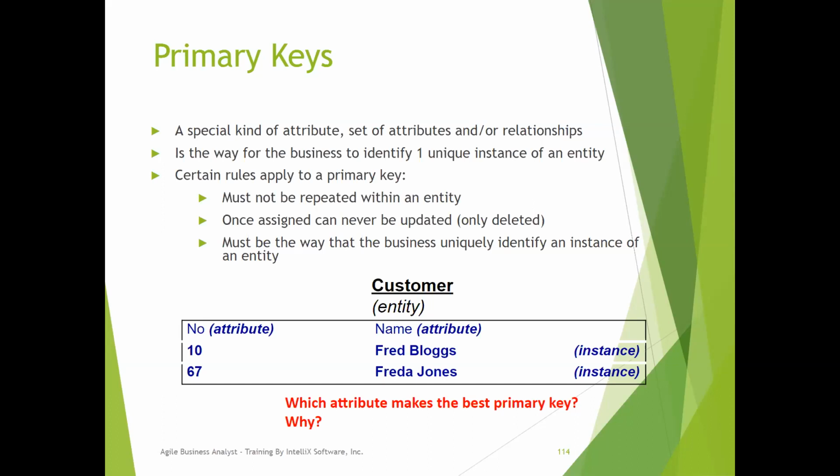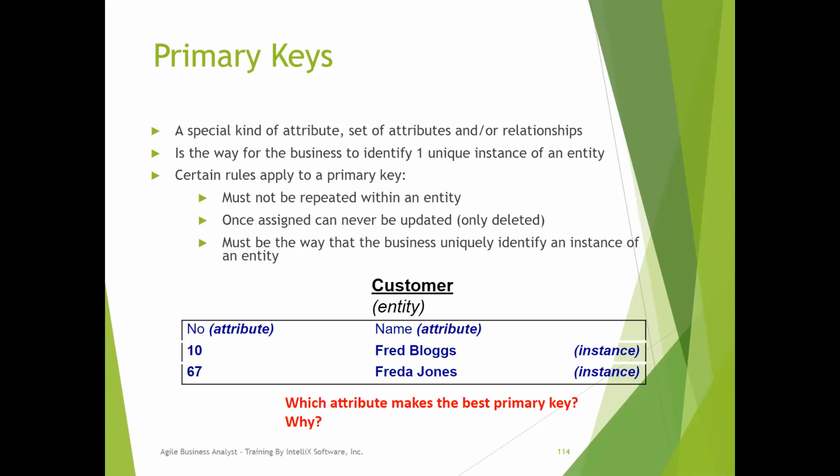So it is an attribute that never repeats within an entity. Another aspect is that you can never change it. So it's not only unique, but it's a non-updatable attribute, which enables you to identify uniquely.